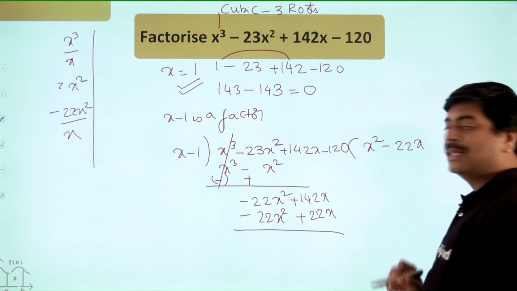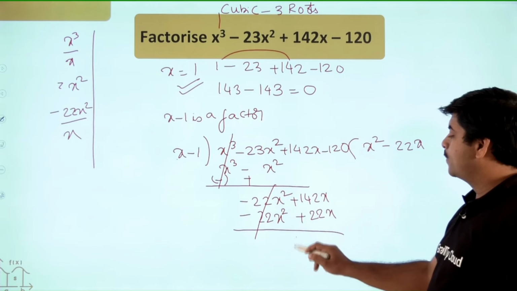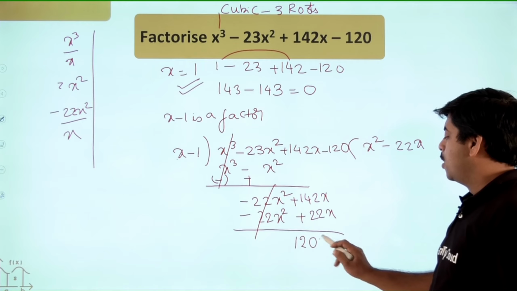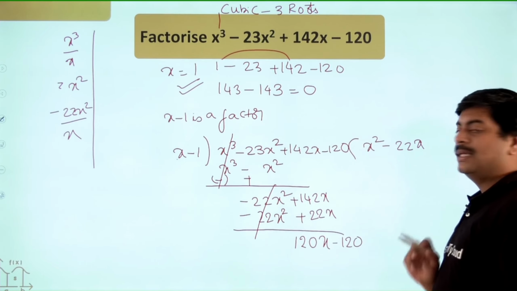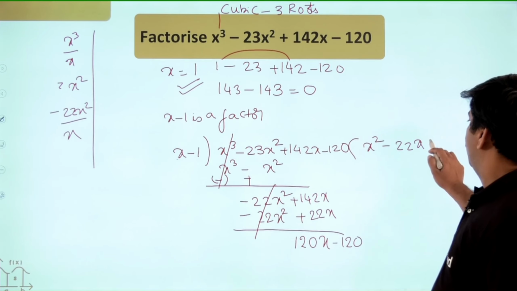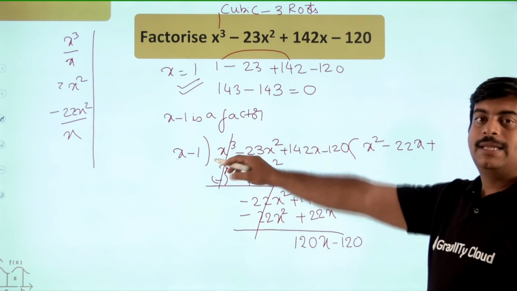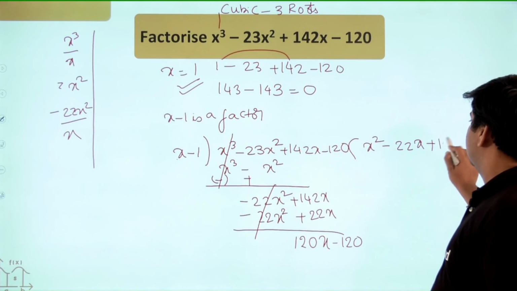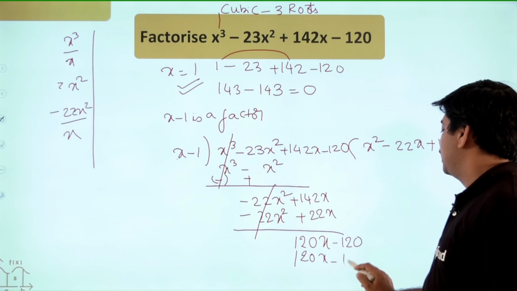So can we subtract these two? These two get cancelled. 142 minus 22 becomes 120 into x, 120x and minus 120. 120x minus 120, correct? So 120x divided by x will give you 120, plus 120 will give you 120x minus 120, yes.